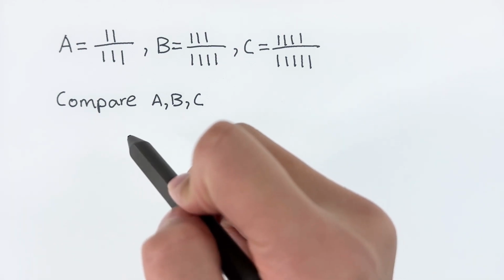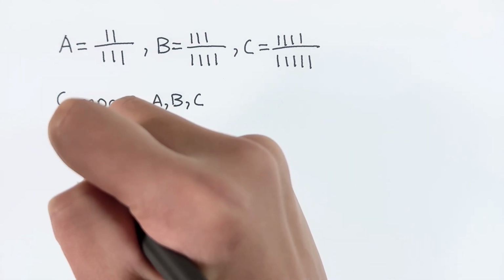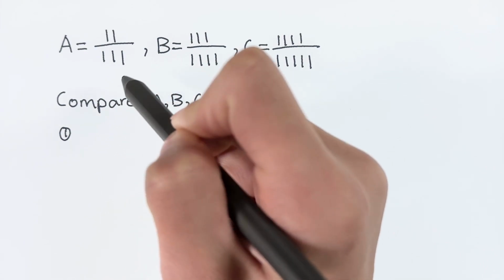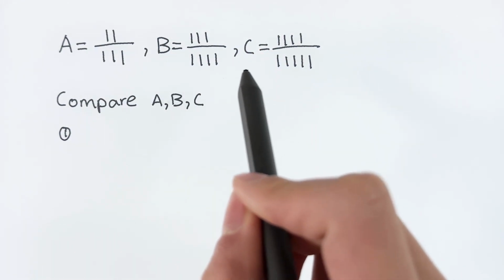So the first method to solve this problem will be to multiply each of these fractions by 10 first.